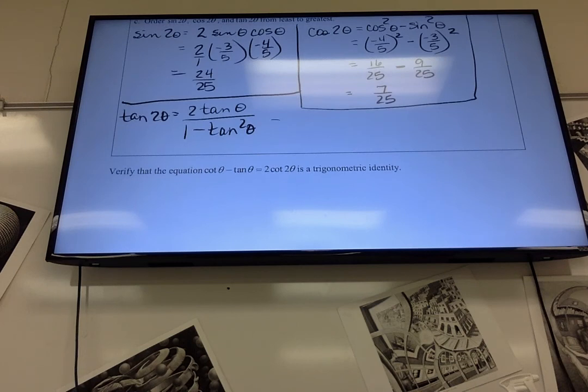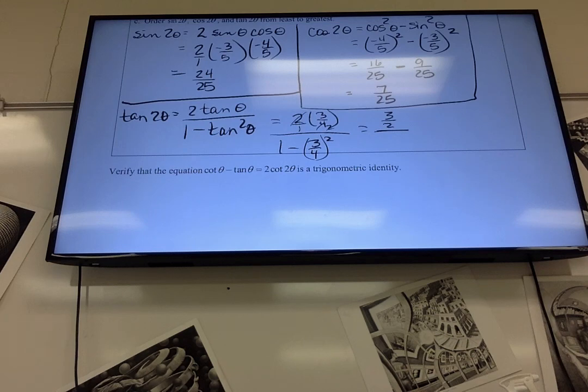So this would be 2 times 3/4 over 1 minus 3/4 squared. I can cross cancel here. That's 3 over 2 on top. Or you could add 6 over 4, same thing.